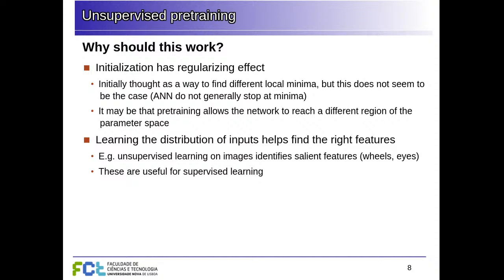So learning this distribution of the data by unsupervised pre-training of the different layers helped find useful features right from the start, and thus was useful for training the network for supervised learning.